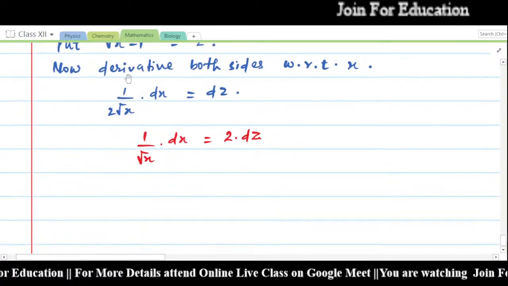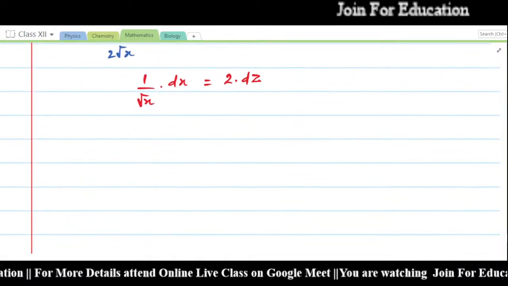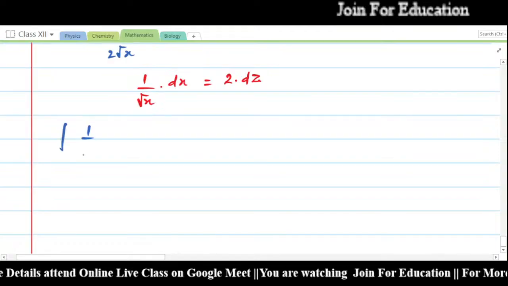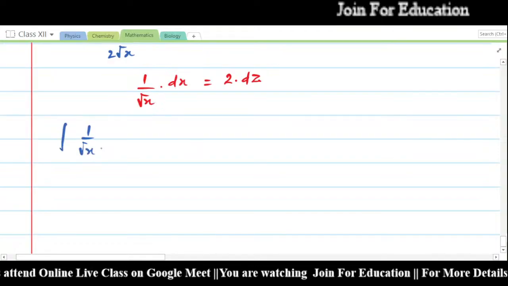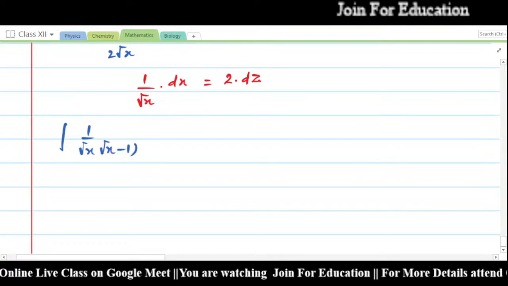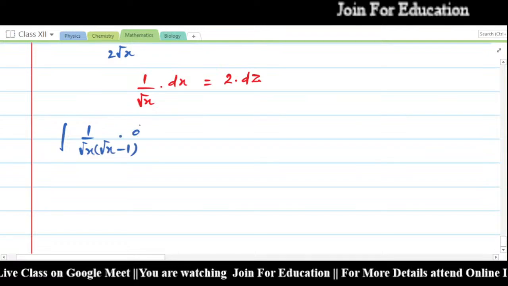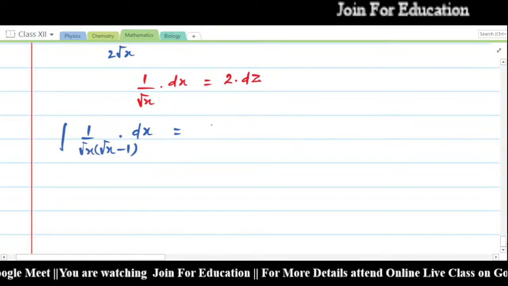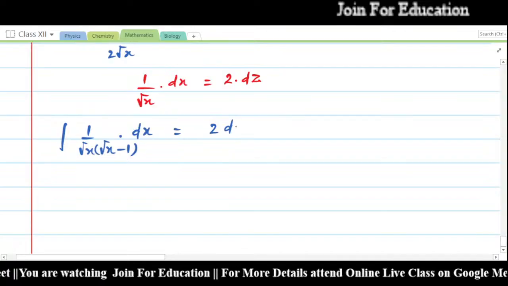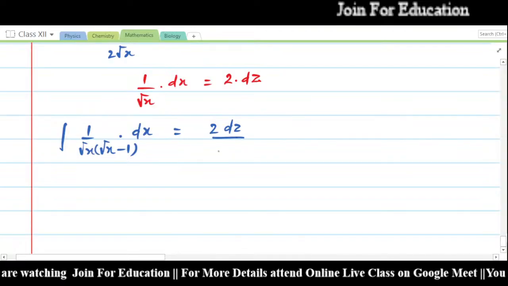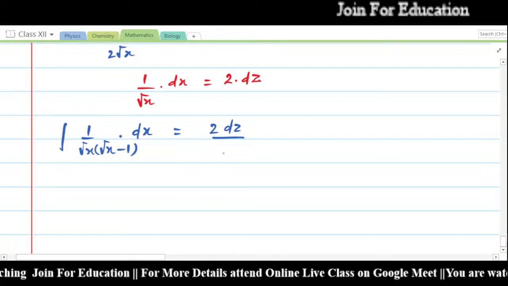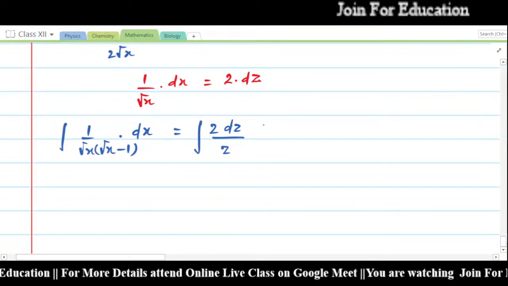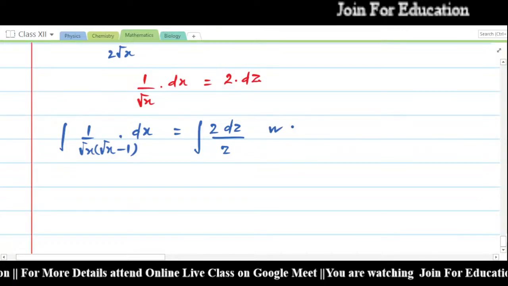So we write integration of 1 by root x and root x minus 1 into dx equal to 2 dz by z. Hope there is no problem up to this step.